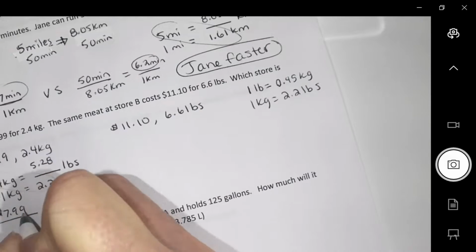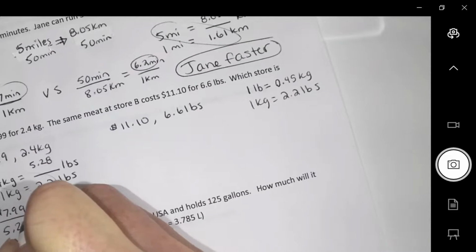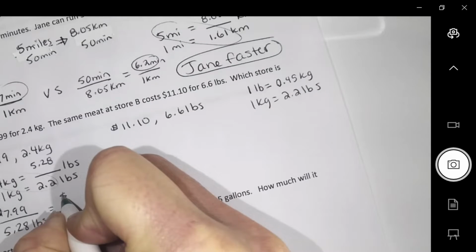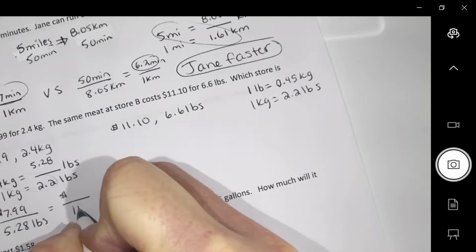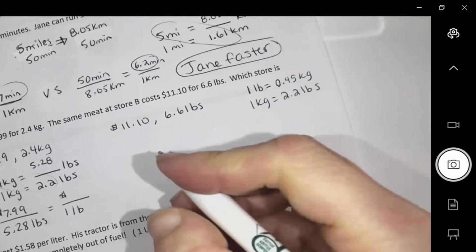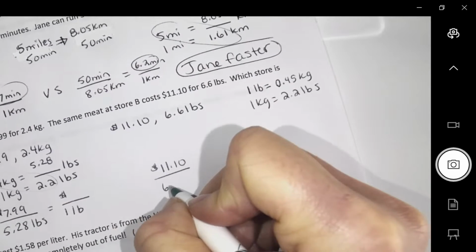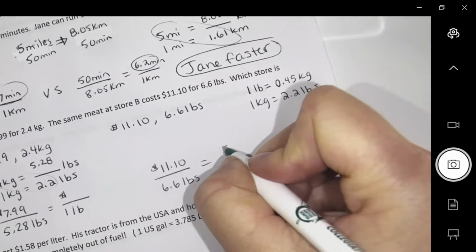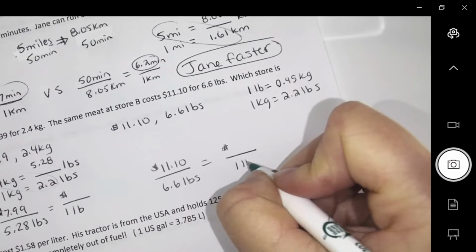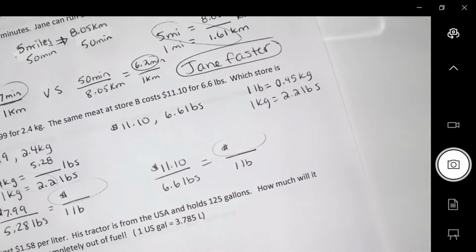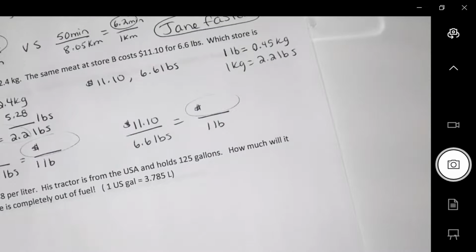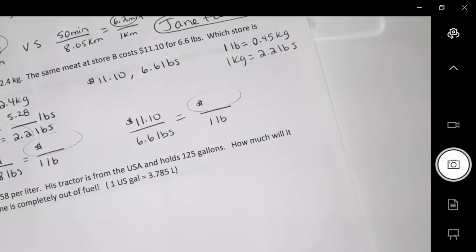So $7.99 for 5.28 pounds is how much price for 1 pound? Okay, so I'm getting a unit rate and we're getting everything in dollars per pound.